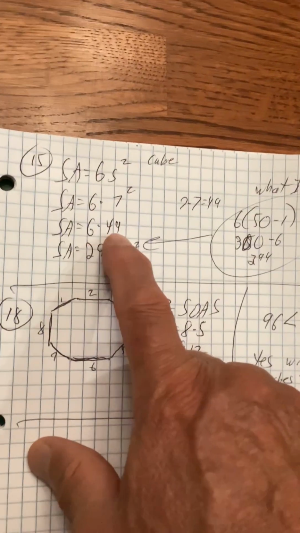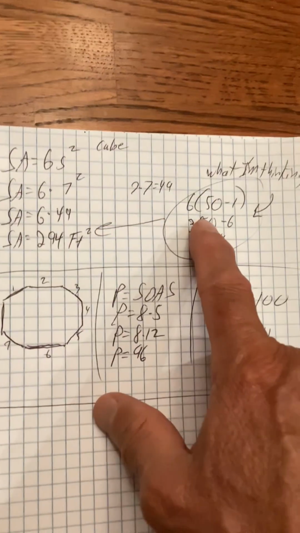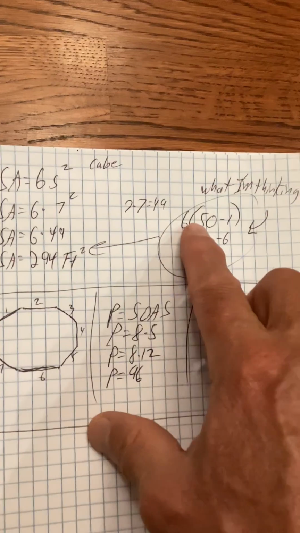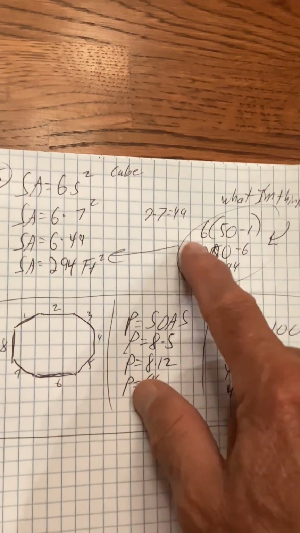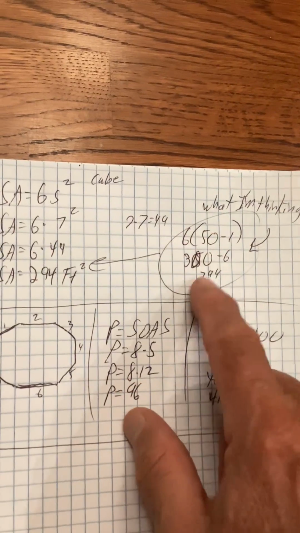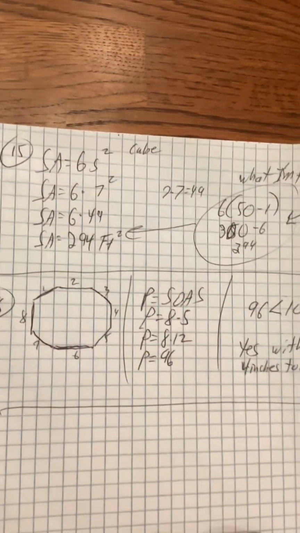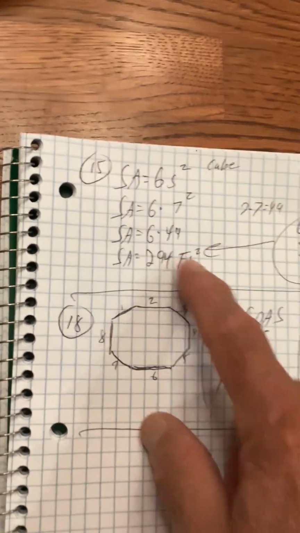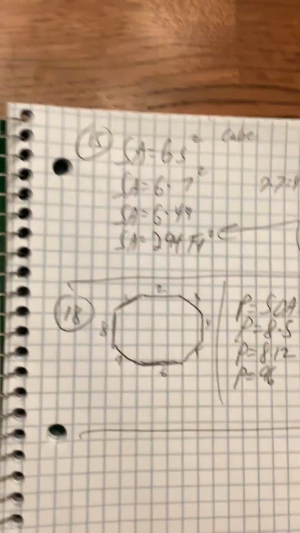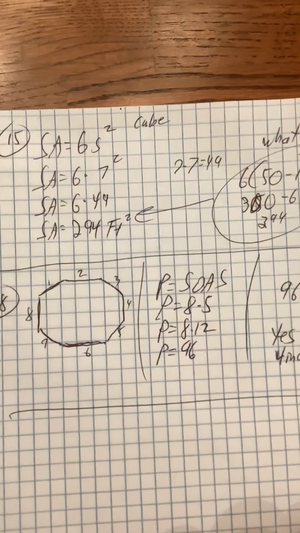Now I'm not going to multiply 6 times 49. I'm going to go, that's 50 minus 1. I can do this in my head. That's 300 minus 6, which is 294, which I think is easier to ask those 3 questions rather than that one question. Whichever is easier for you. I mean, yeah, 4, carry the 5, you get 294. I kind of like just doing it that way.